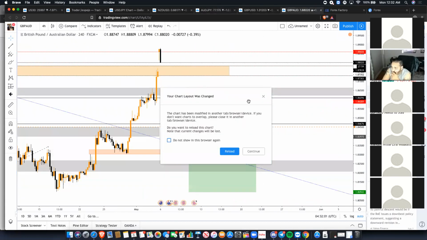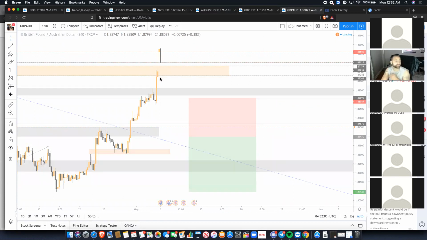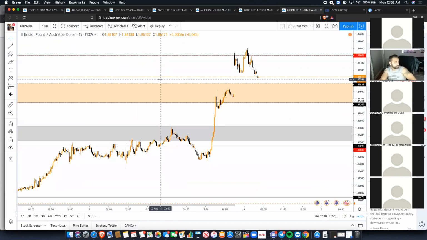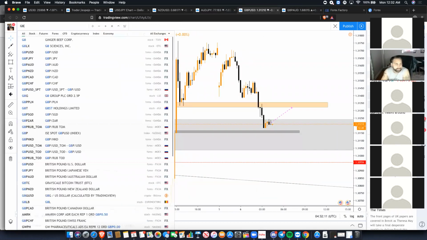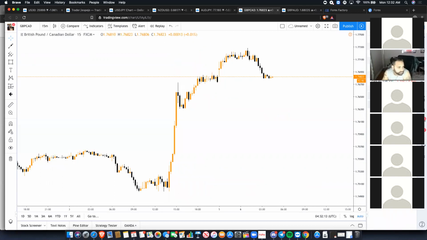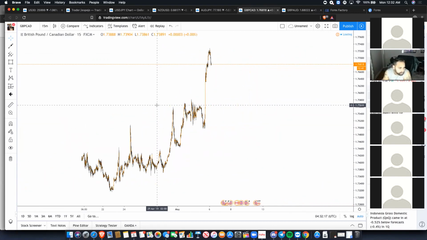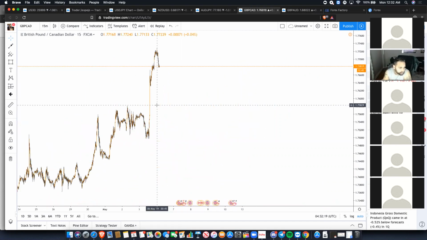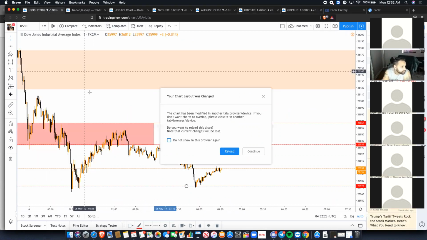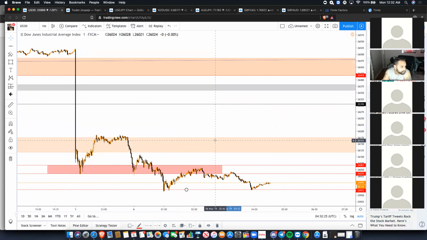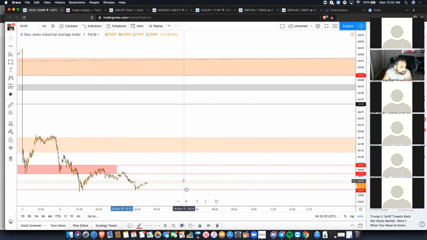AJ's moving nicely. GA's moving right. GCAD's moving. Let's look at US 30. US 30 is respecting that double bottom.